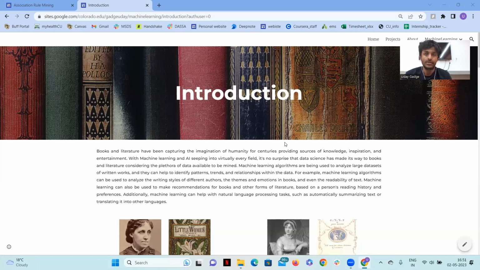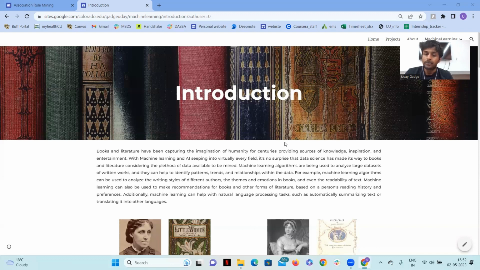Most of the analysis has always been an analytical thought process, but there can be room for computational analysis as well. And that's where data science and machine learning can be useful in books and literature. Once we get past the processing of text data or any information related to books into a language that a computer can understand, which is essentially numbers, we can do a lot of applications in the field of books and literature.